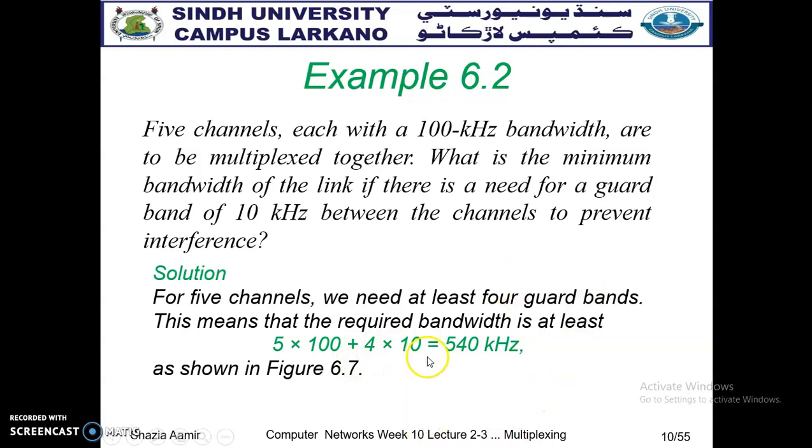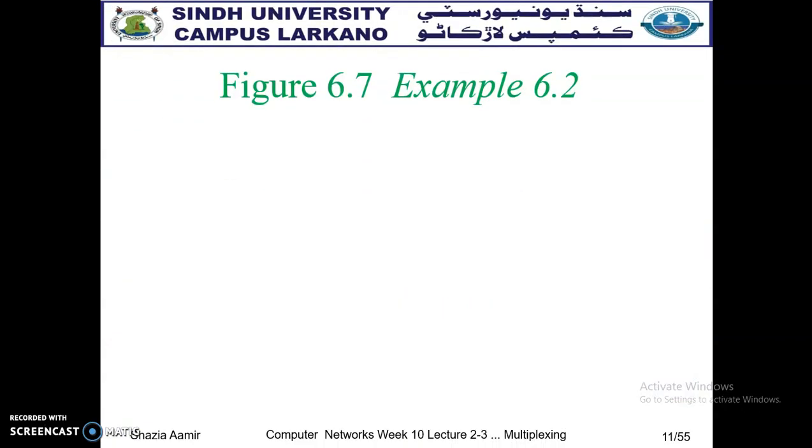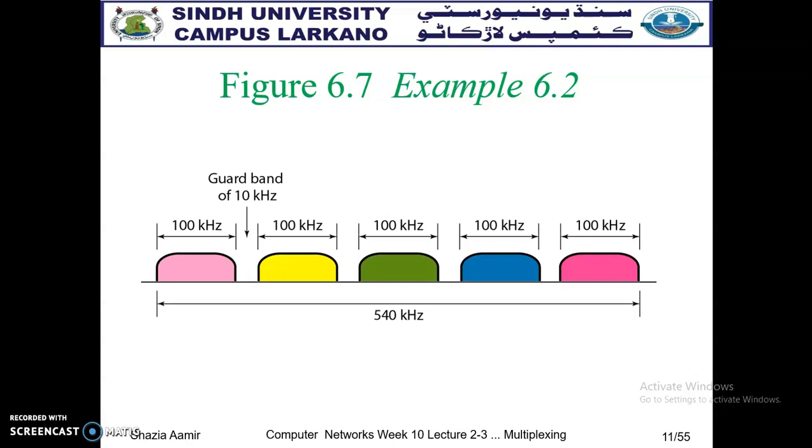Then the sum will be 540 kilohertz. We have the figure 6.7 example that shows the guard bands of 10 kilohertz in between them, and it is calculated as 540 kilohertz.